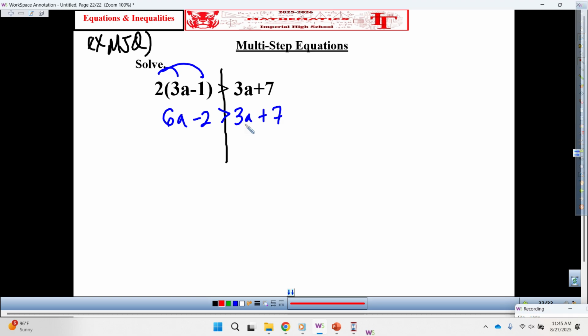He said start with the smallest variable. What is the smallest variable? 3a. So what is the opposite of 3a? Negative 3a to each side. That leaves us with 3a minus 2 greater than 7.